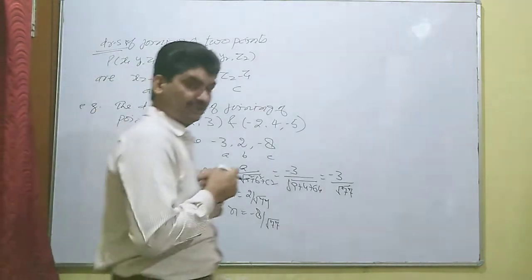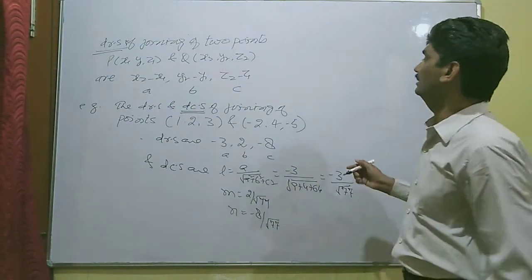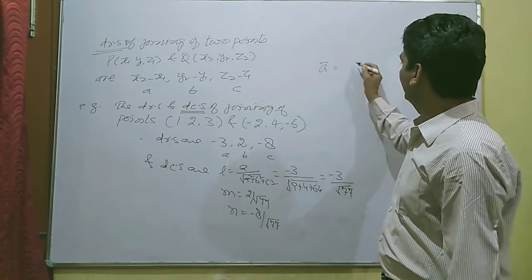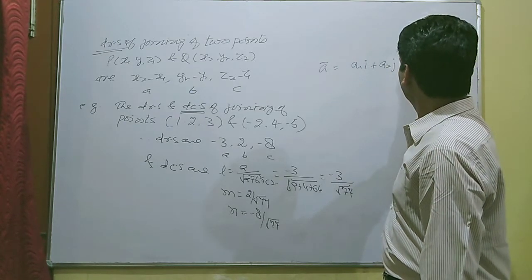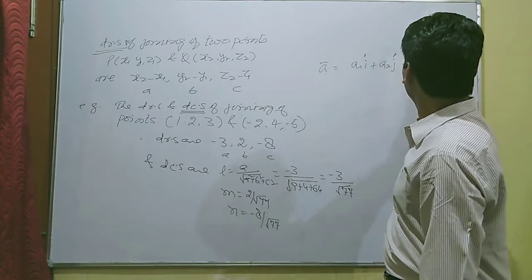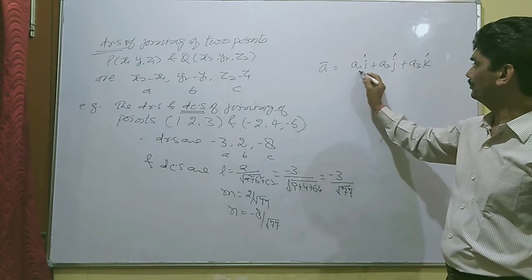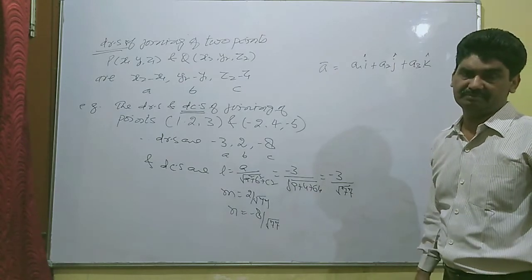Next thing, which is very important in vector algebra: if any general vector A is given as a1 i plus a2 j plus a3 k, where i, j, k are unit vectors, and vector A is any given vector, then the coefficients of i, j, k are the direction ratios of this vector.